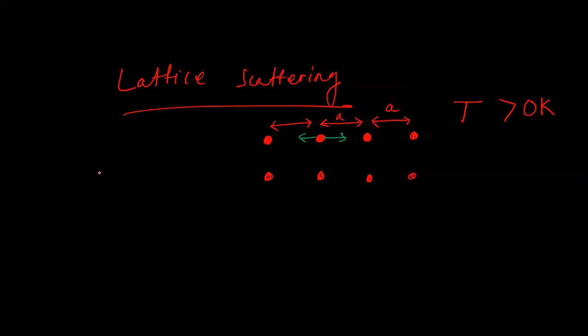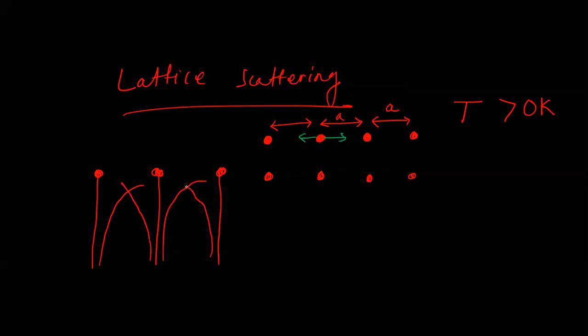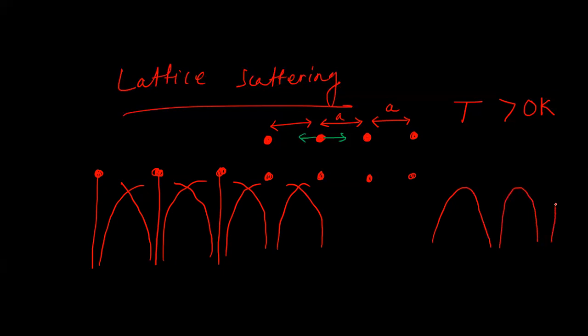If these are the lattice positions of the atoms, they create a periodic potential like this. That's the reason we used the Kronig-Penney model, to understand this periodic potential. The electrons or the holes move through this periodic potential.